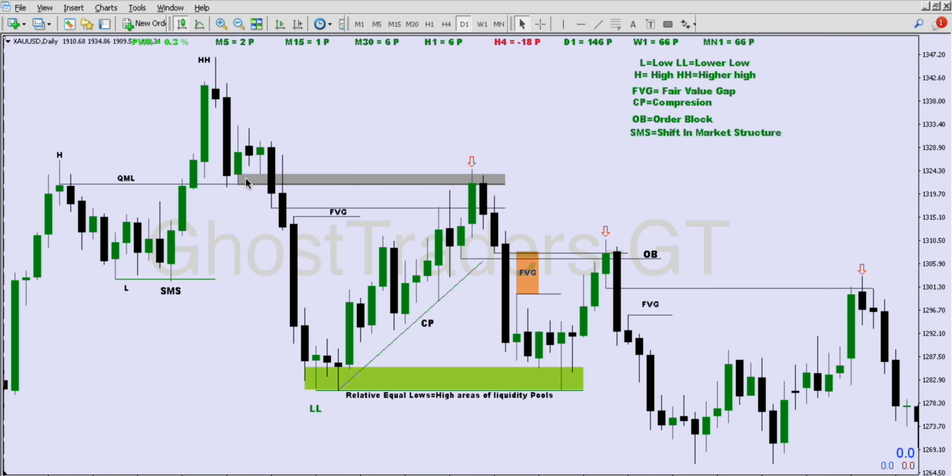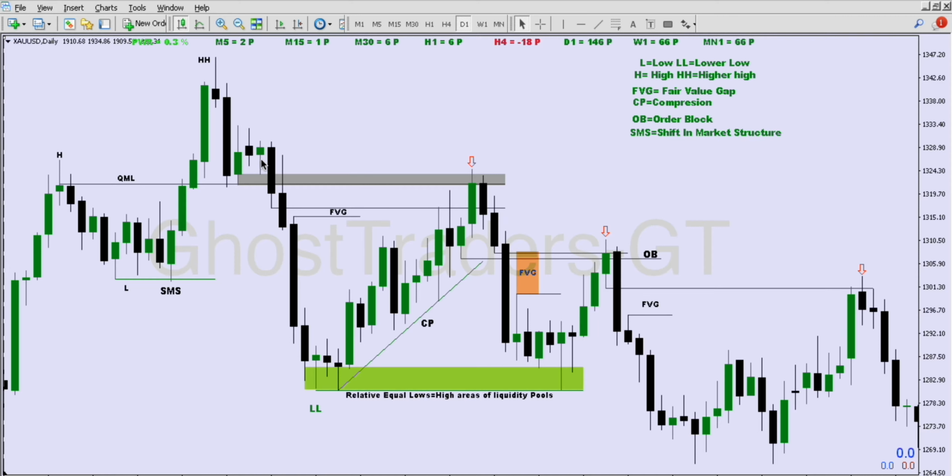Looking at this high here, you can see that we have an order block here. These are order block candles here. An order block is going to be the last up candle that formed the highest high prior to the down move. So if you look at this high here, the last up candle that formed the highest high is going to be this one, not this one.